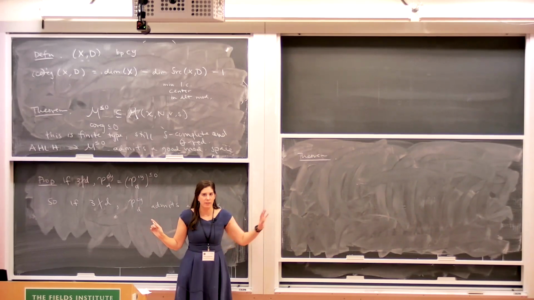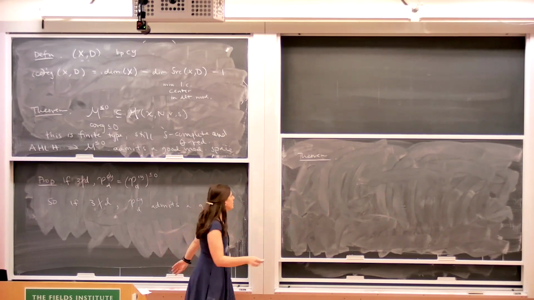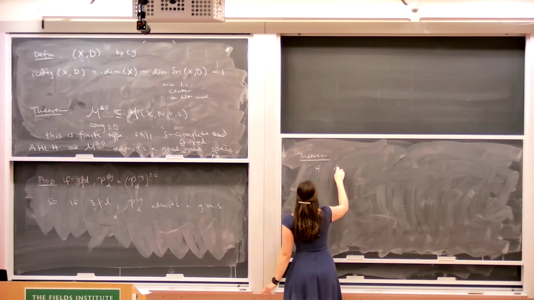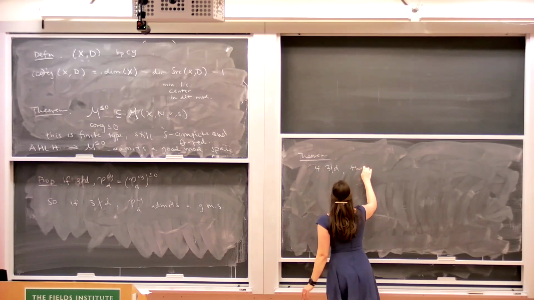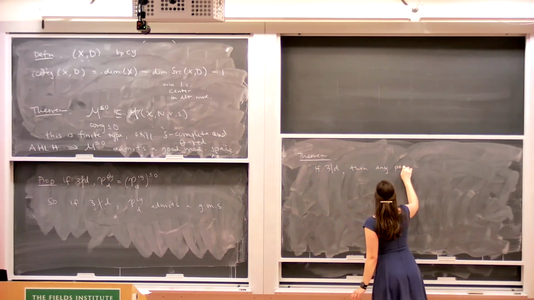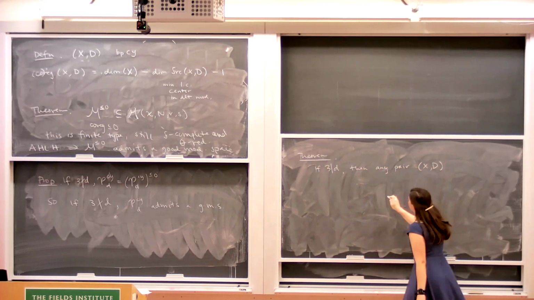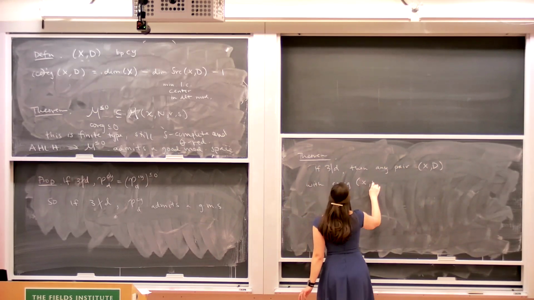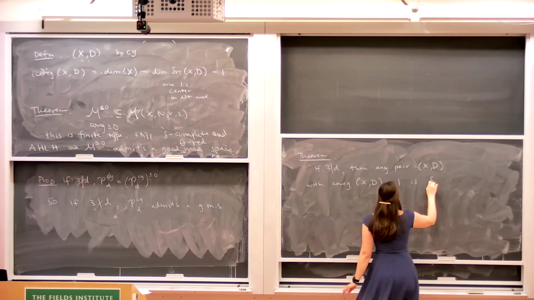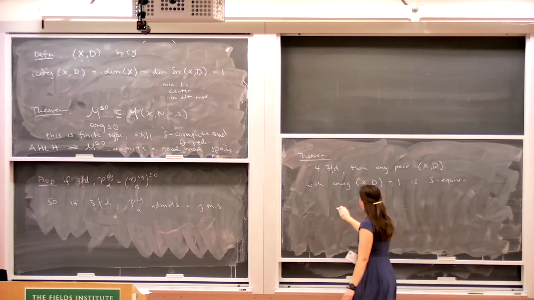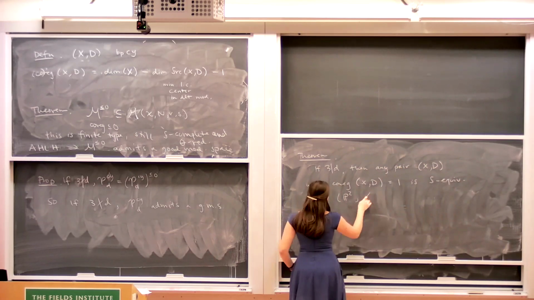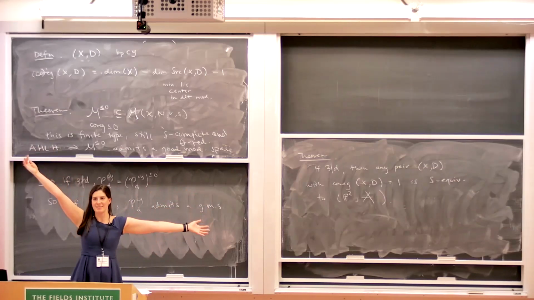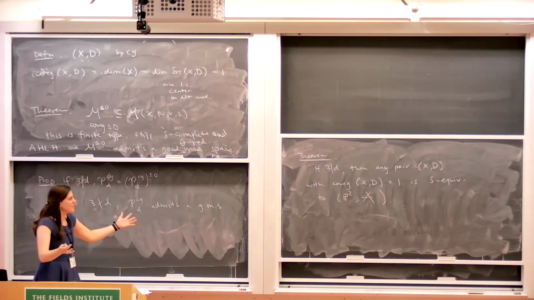So for any degree, not just degree 3, we prove that if D is a multiple of 3, then any pair XD with co-regularity equal to 1 is S equivalent to just the thing at the top. So somehow this is sort of backwards, right? This is like the most open point, not the most closed point, but it's still a representative.